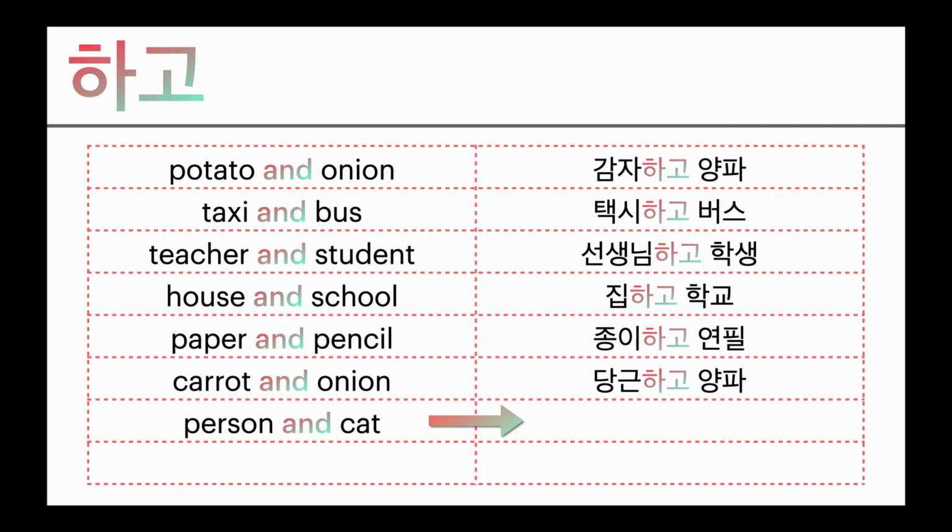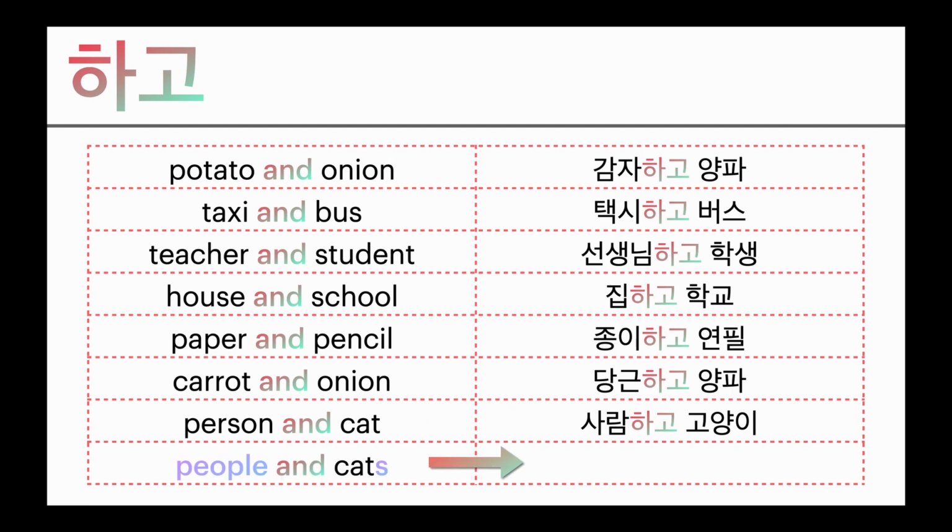Person and cat. 사람하고 고양이. People and cats. 사람들하고 고양이들.